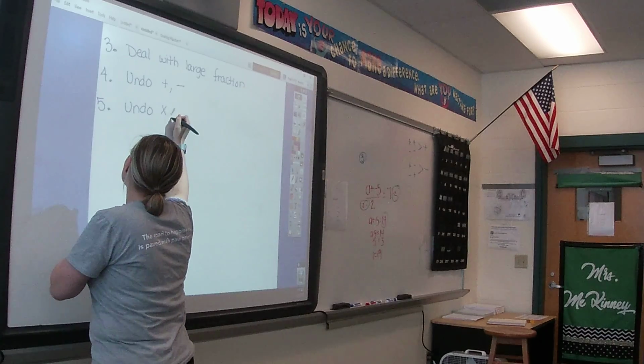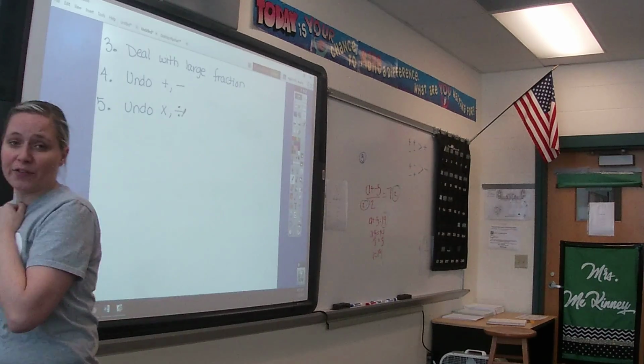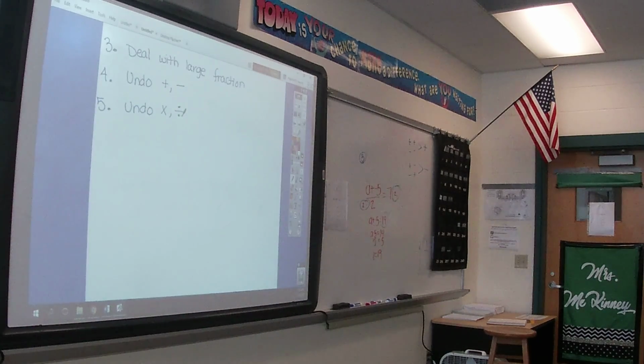Step 5 is still going to be to undo multiplication and division. So if you're a person who prefers steps and you want to know what do I do first, what do I do second, what do I do third, there are your steps. If you're a person who says, I don't want to follow steps, I want to know the concept and the understanding of it, we're doing order of operations backwards.